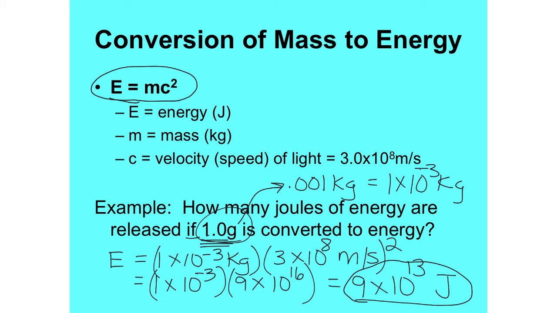Now, this particular calculation is not something that you will see on any of our tests or quizzes, but you do need to know that nuclear reactions release way more energy than a regular reaction, and this is the why. So I want you to at least have seen one example showing that a small amount of mass correlates with an insane amount of energy.